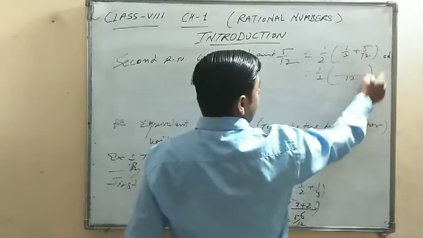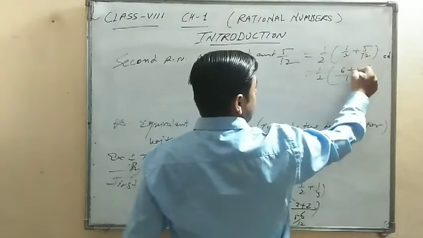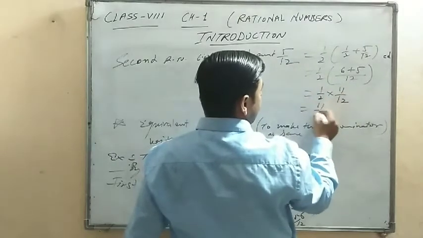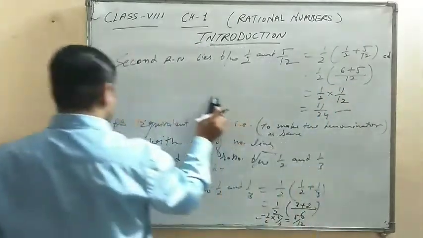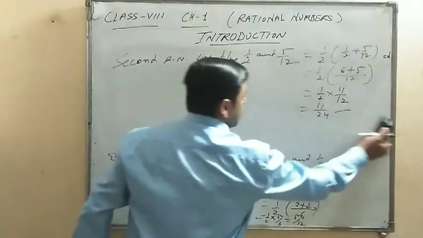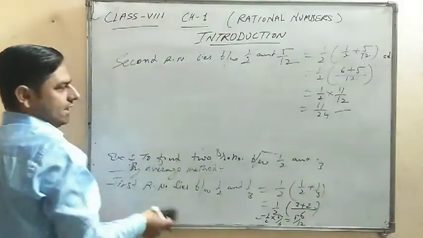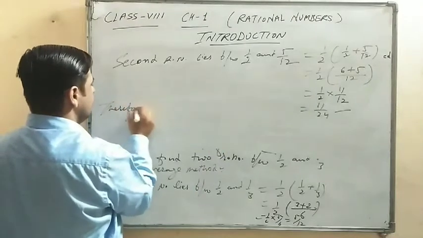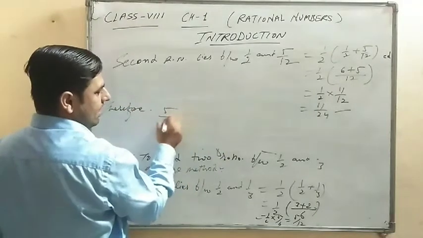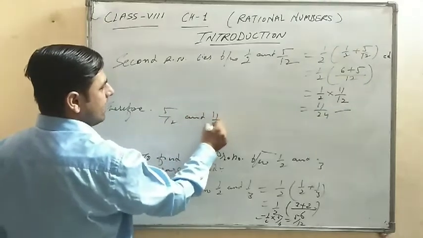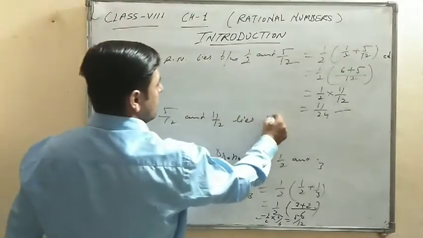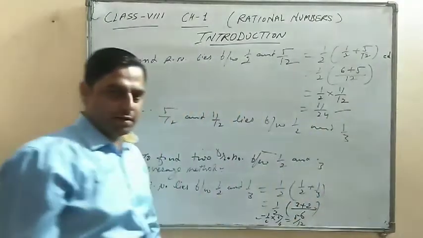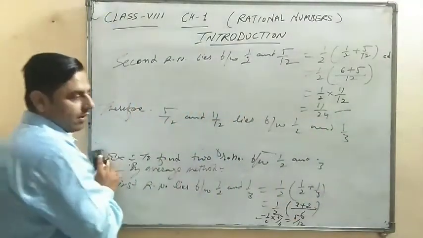So take LCM 12, then 6 plus 5. So the result is 1/2 into 11/12, then 11/24. So by the average method, you can find two rational numbers. So therefore 5/12 and 11/24 lie between 1/2 and 1/3. So that was the average method.